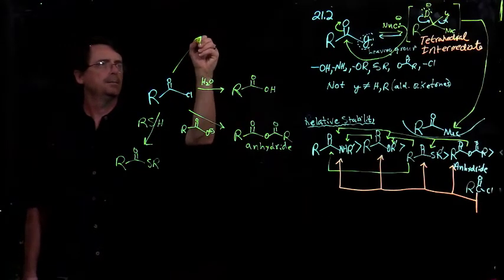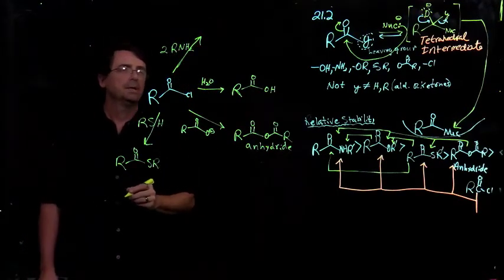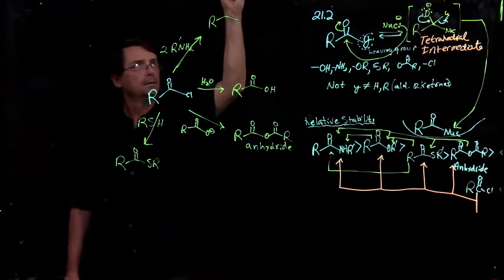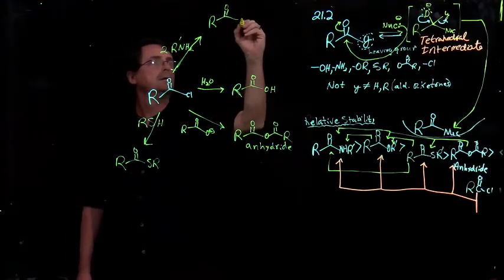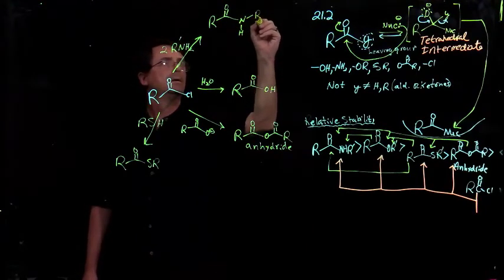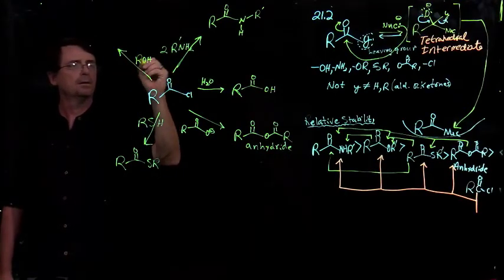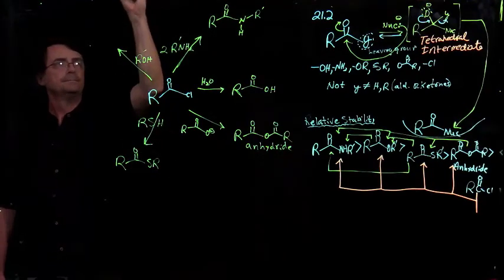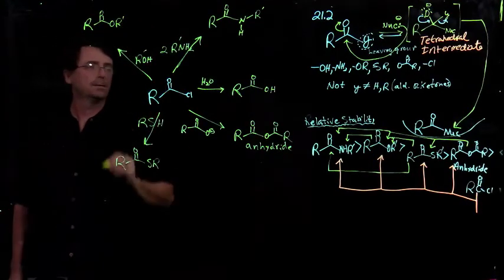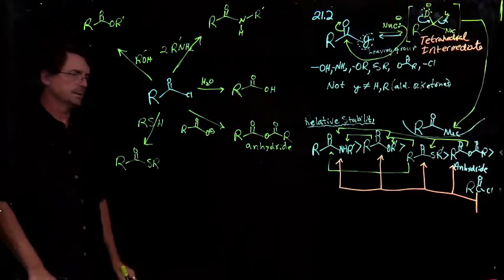If we add an amine, and we have to have two equivalents of an amine, we need at least one hydrogen on the amine, we can make an amide, and if we react this with an alcohol, we can make the ester. So one, two, three, four, and hydrolysis.